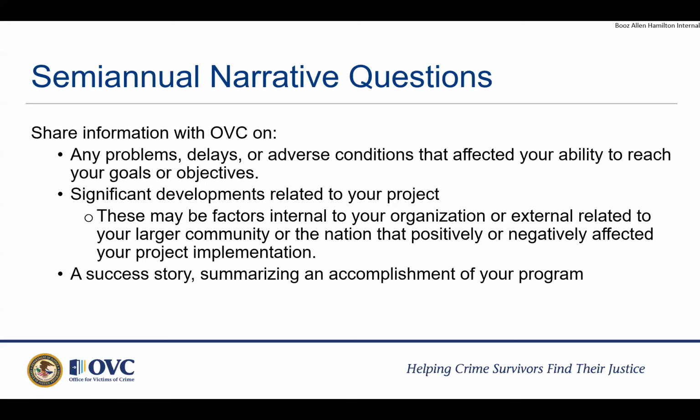There's really no wrong answers here. So anything that may have positively or negatively affected your progress. A good way to think about it is if your grant manager walked in and asked how things are going. Just anything that you would include in that type of response is more than likely a good point to include in these questions.